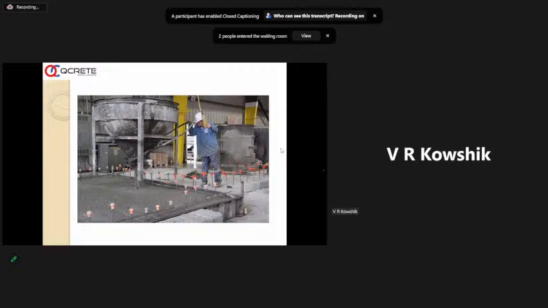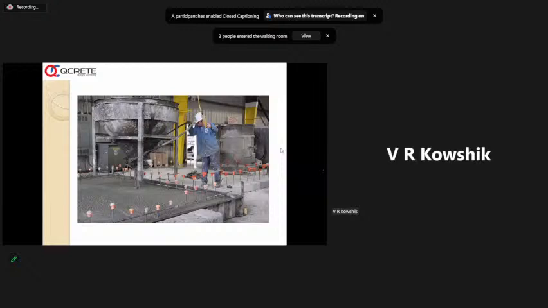So it was in a way suitable for transportation over long distances, up to maybe 2 hours. But what happens if the site is very close by? I cannot produce an SCC and transport it quickly if it is 15 or 20 minutes away. So there was a need for a bleed-free admixture. The bleeding should stop within 5 or 10 minutes, 15 minutes maximum.